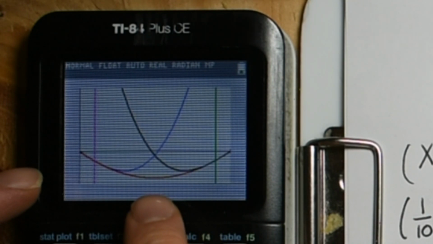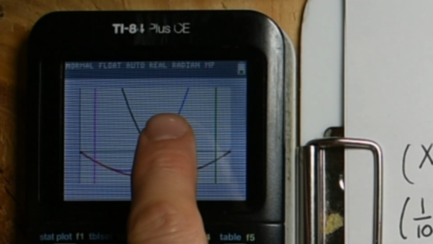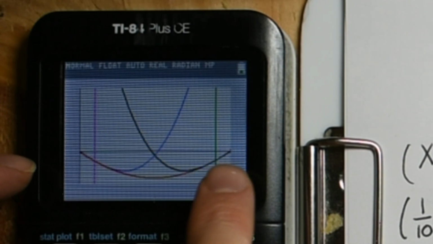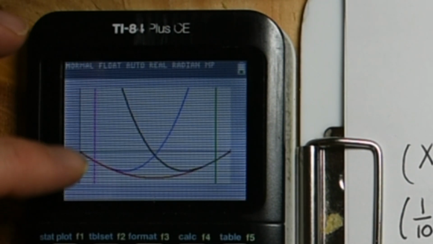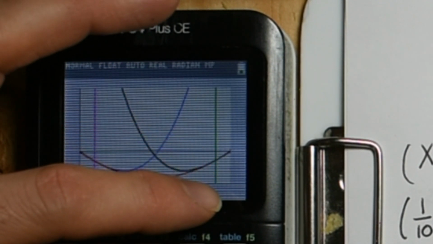So on this graphing calculator, we have 3 curves: the red one in the middle, a black and a blue. The blue is on the far left side, and the black is only useful on the far right side. Then we have a magenta vertical line at x equals 1/10, and a green line at 9/10.